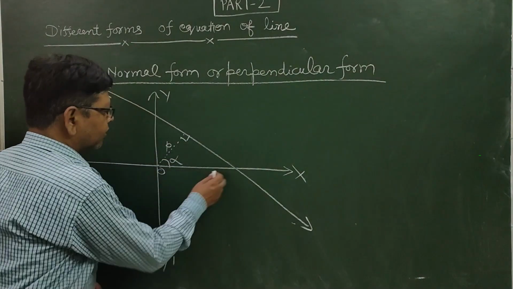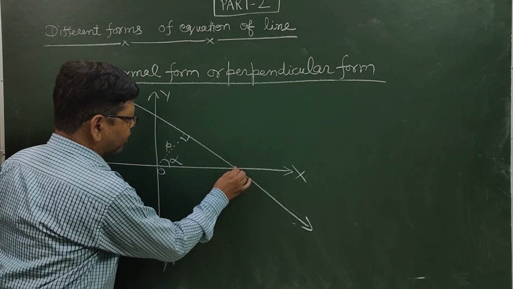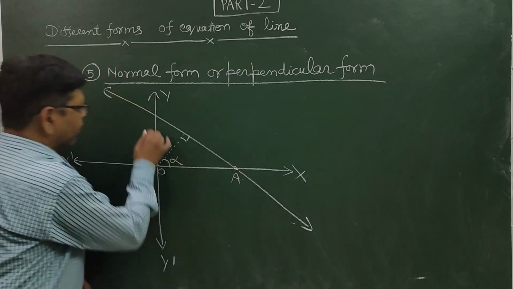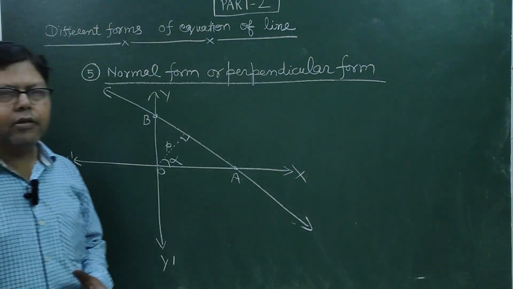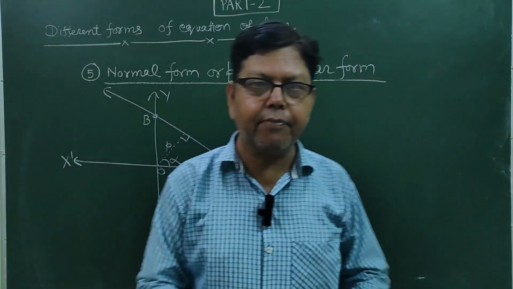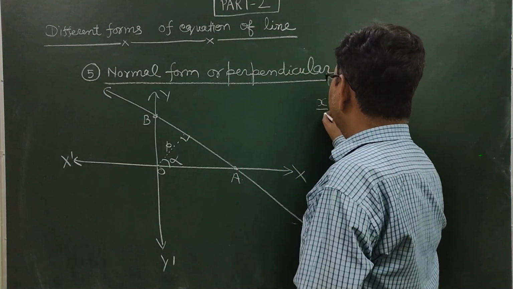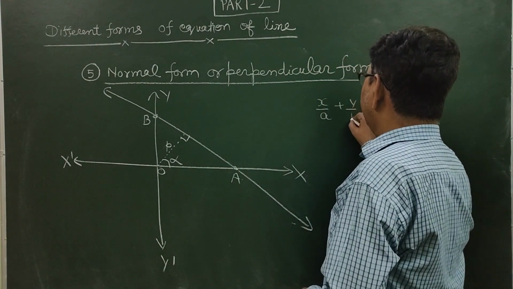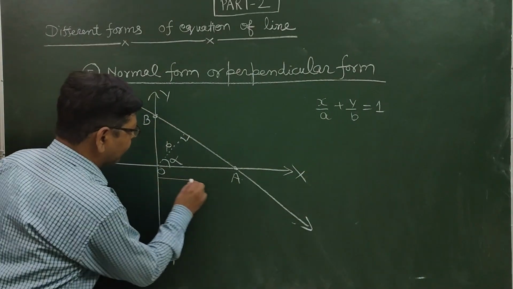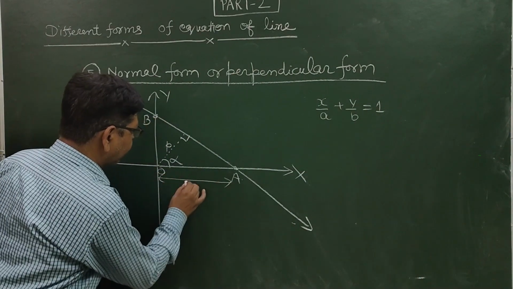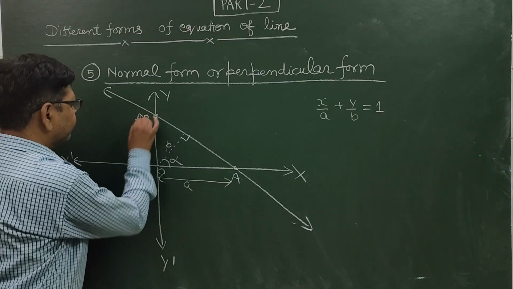For this, let us take the point where it cuts the x-axis as A and the other point as B. Now we will use the intercept form, x upon a plus y upon b is equal to 1. Let us take this length as a and the y-intercept as b.